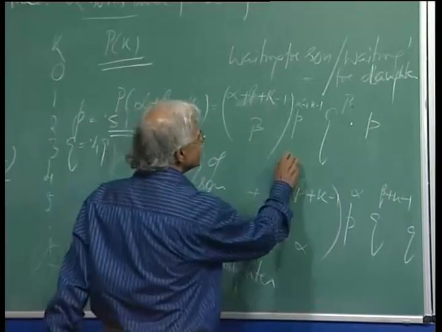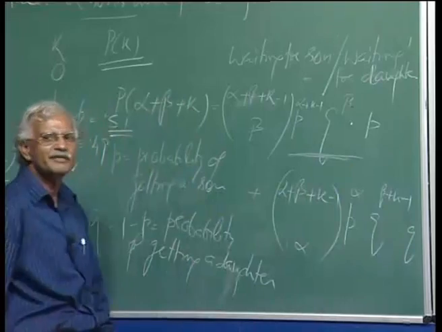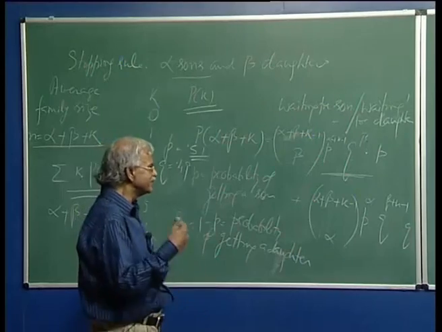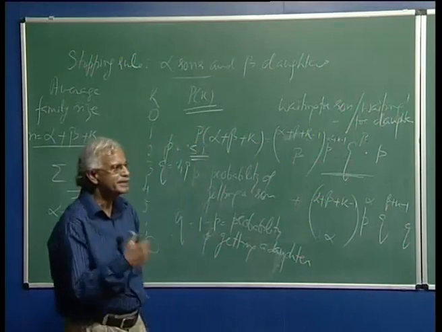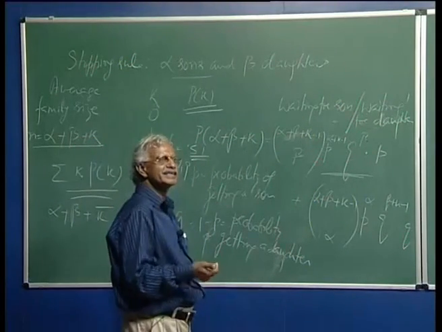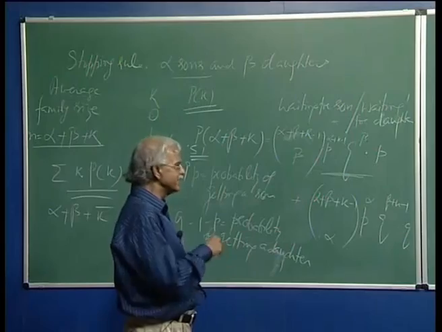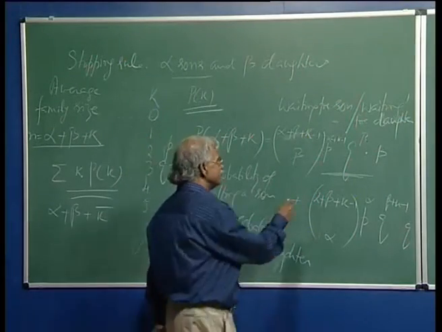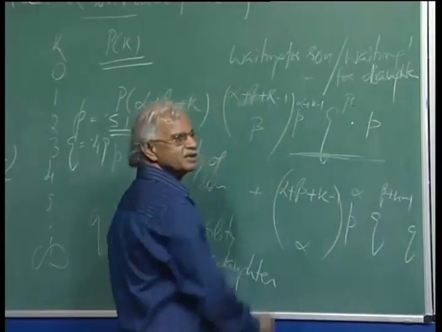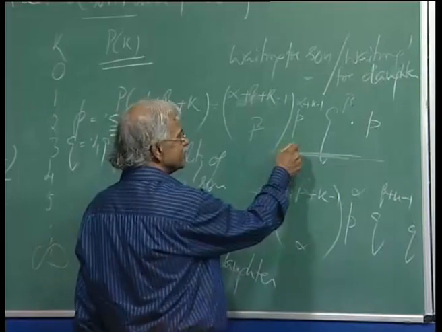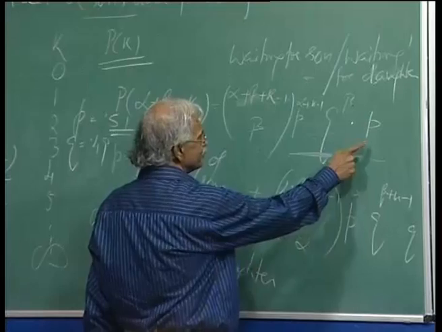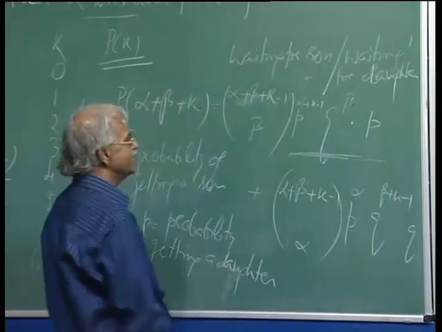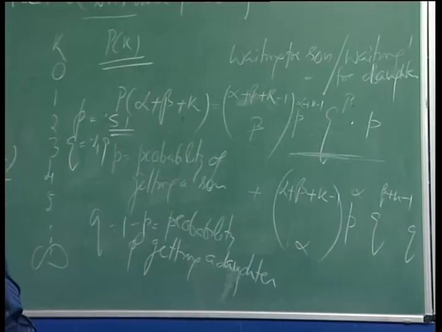Since these are independent events, in every trial, meaning every time a child is born, the probability of getting a son or a daughter is independent of what the probability of getting a son or daughter earlier was. So, I am simply multiplying p's and q's. You see that q is multiplied beta times and p is multiplied alpha plus k minus 1 times. All remaining ones are sons.